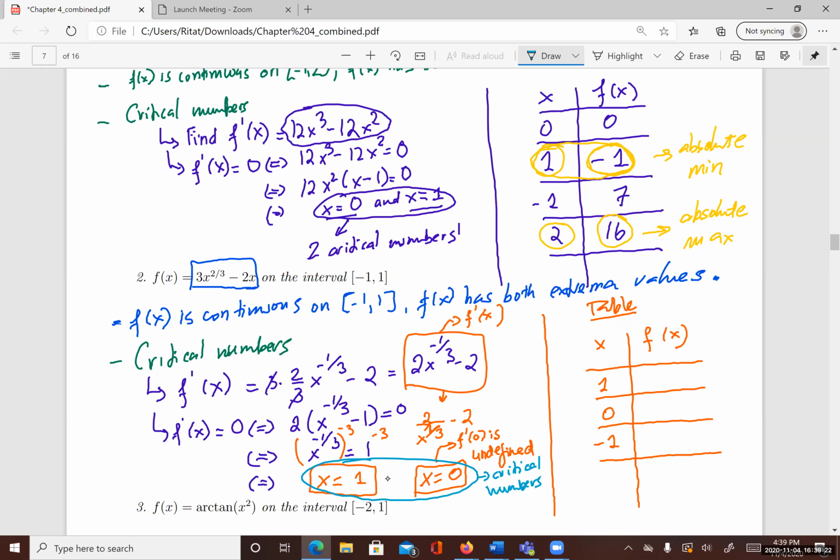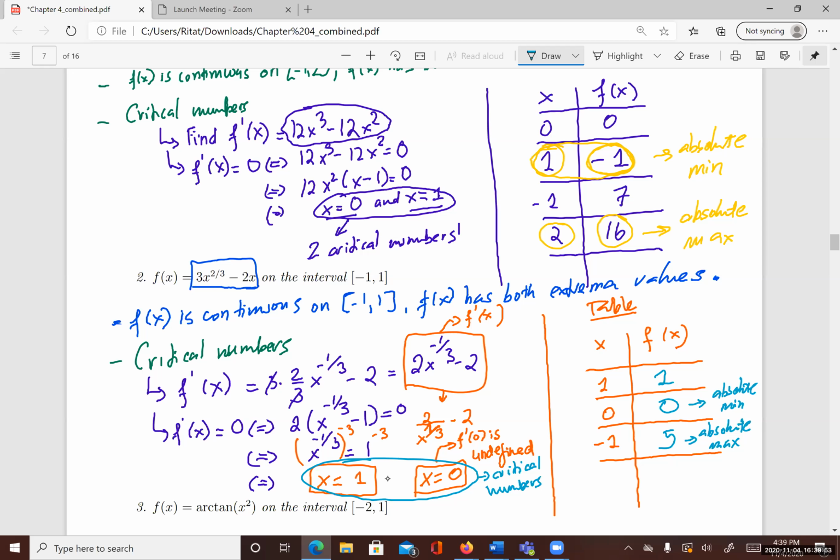So f of 1 will be 1. F of 0 will be 0. F of -1 will be 5. What does that tell you? That tells you this is the absolute min and this is the absolute max.